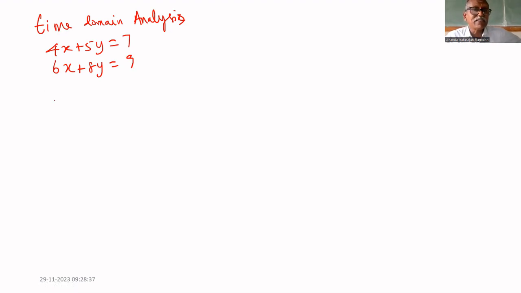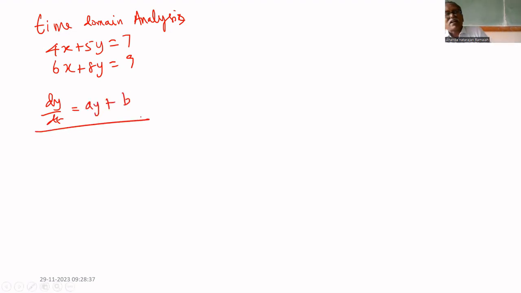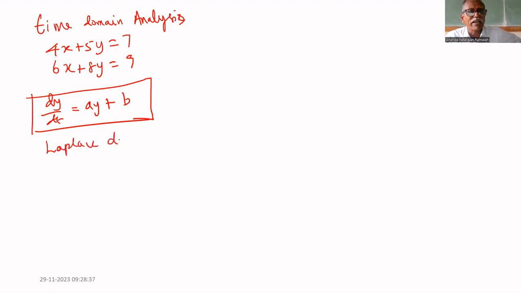Suppose it is a differential equation, how does it look? dy by dt equal to ay plus b. This is a differential equation of first order. In mathematics, they will give it like this and ask you to solve the differential equation. Solving this can be done in two ways. One is the time domain method. Another is using the Laplace domain.